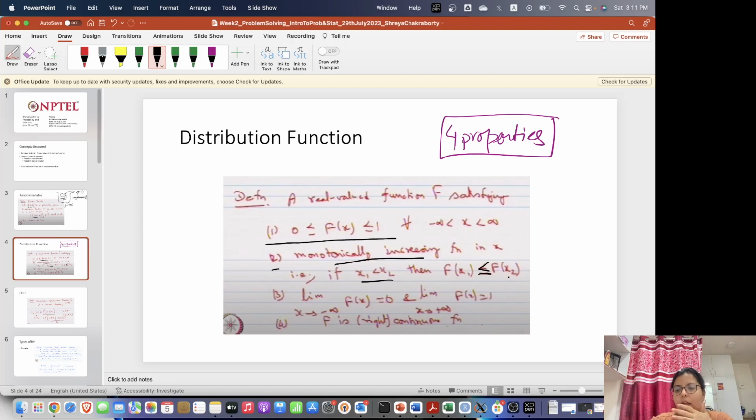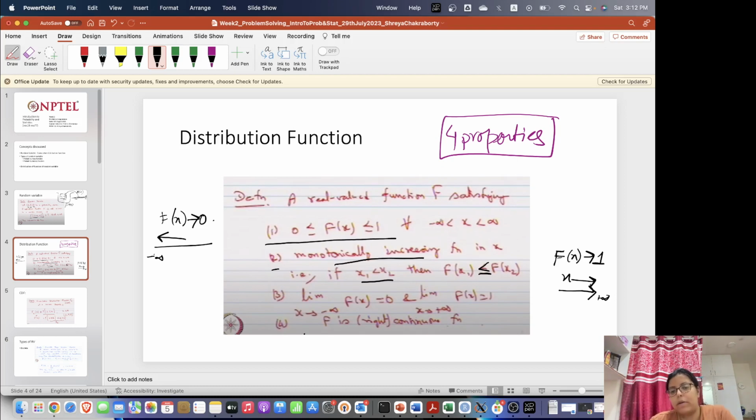The third property is that the limit of this real valued function as x approaches minus infinity should be 0. As x moves closer and closer to minus infinity, in a limiting sense F(x) will also move towards 0. And this should also hold as x tends to plus infinity: F(x) should go to 1.